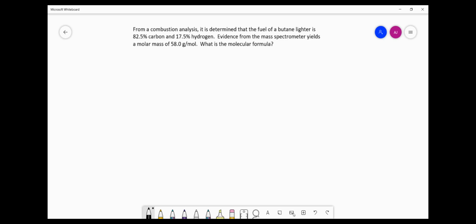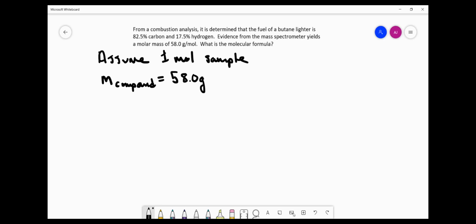In this example here, we are going to assume that we're working with 1 mole of the compound. If we have 1 mole of the compound, the mass of that sample will be the molar mass by definition.